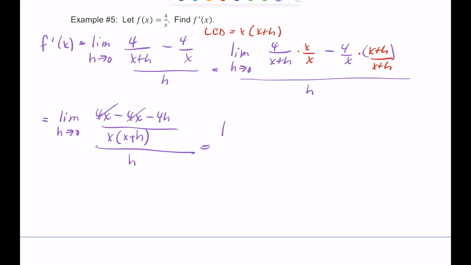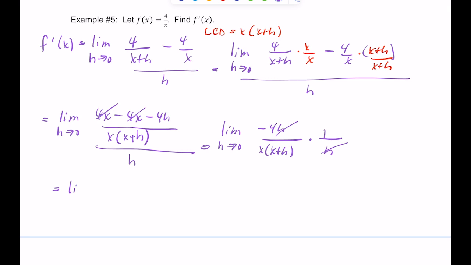So you're left with the limit as h approaches 0 of negative 4h over x times x plus h divided by h, right? And to divide by h means to multiply by 1 over h. So now you can see that these h's are going to cancel.